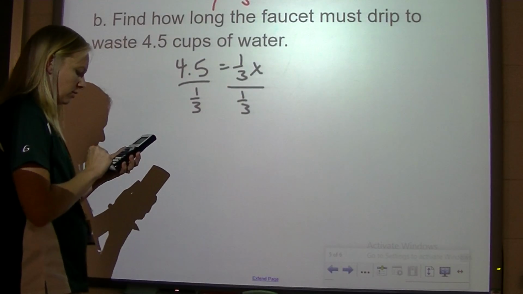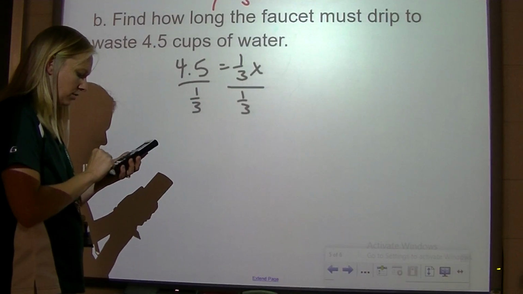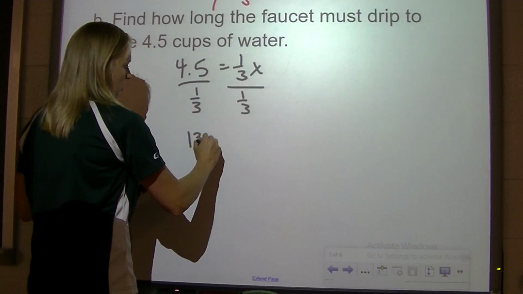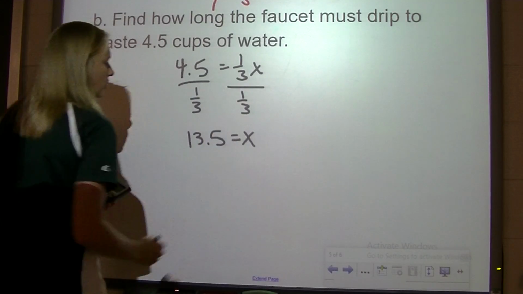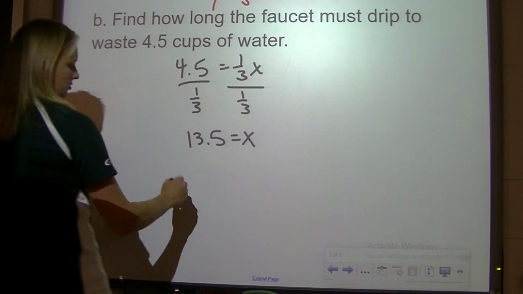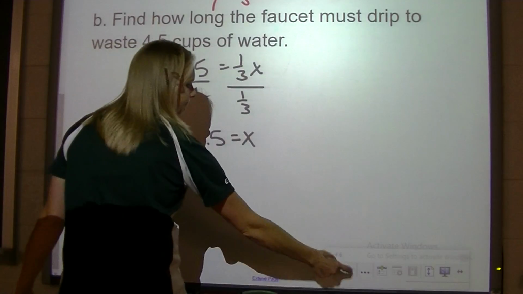Oh, sorry. 4.5 divided by 1/3 is 13.5. Or 27 halves, 27 divided by 2, however you kept it. So 13.5 minutes is how long.